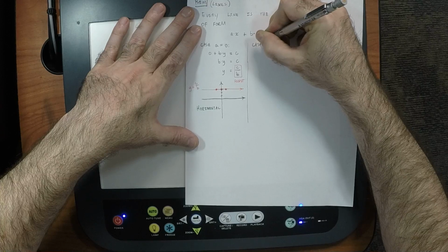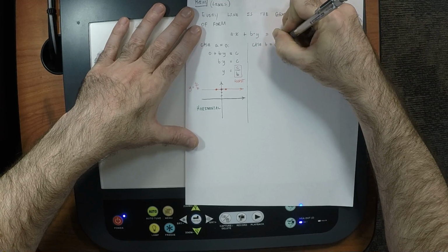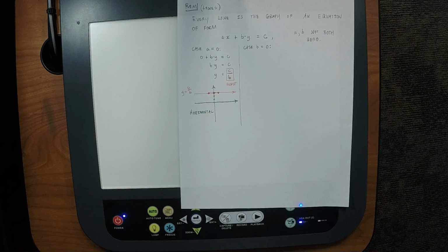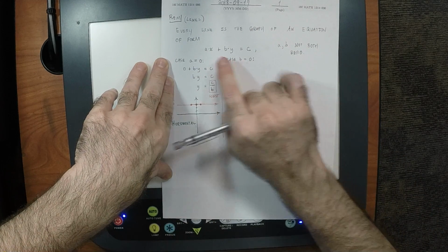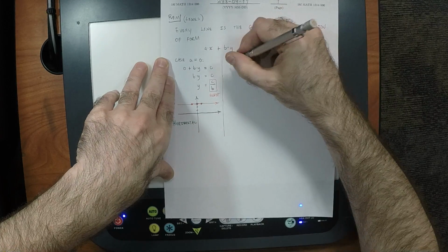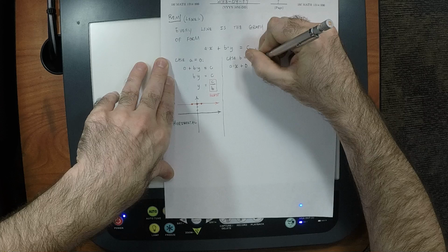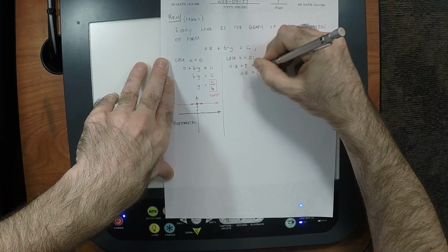What about the case when b is 0? If b is 0, then what about a? It can't be 0. So if b is 0 in this equation, the result would look like a multiply x plus 0 equals c. So a multiply x equals c.